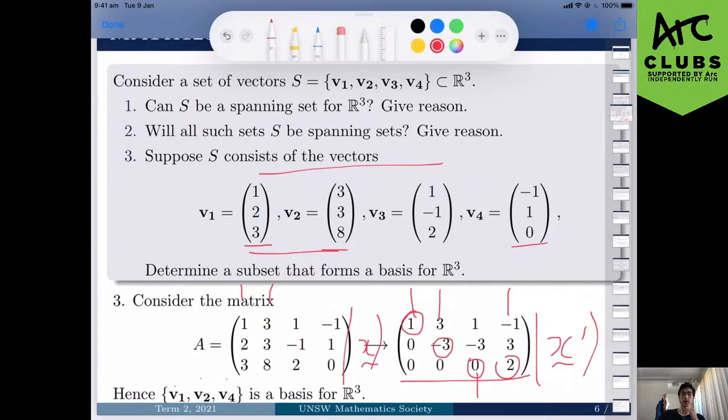Whatever x dash is, if we get rid of that non-leading column, there'd be exactly one solution to this. And that's kind of how bases work. There's always going to be exactly one linear combination that equals any given vector. So if we get rid of that column, then we'll have exactly one solution. And that's what a basis is.